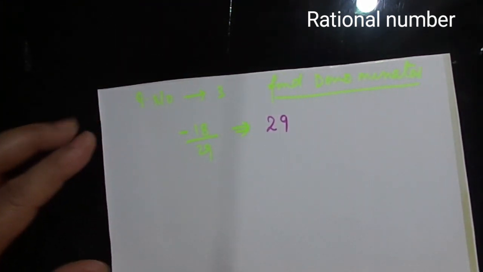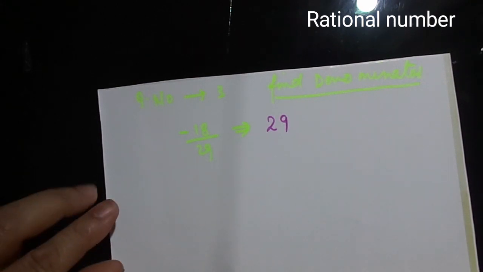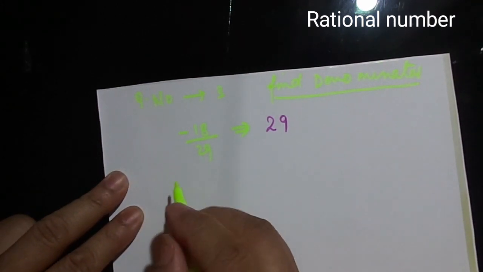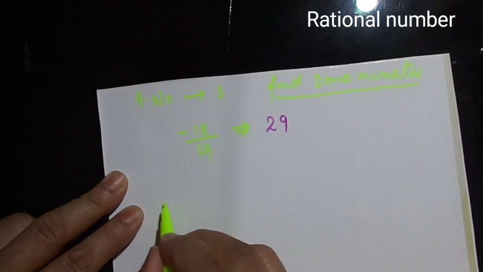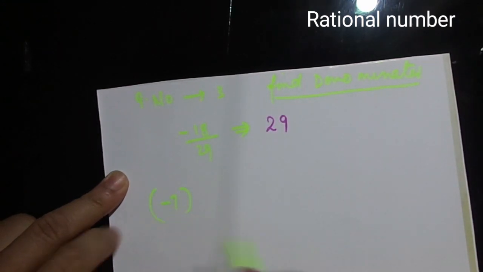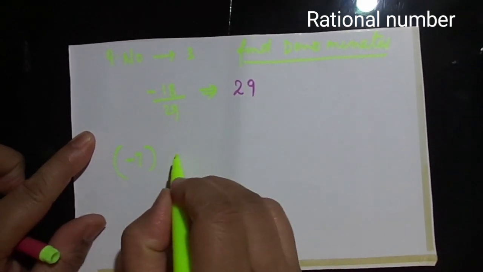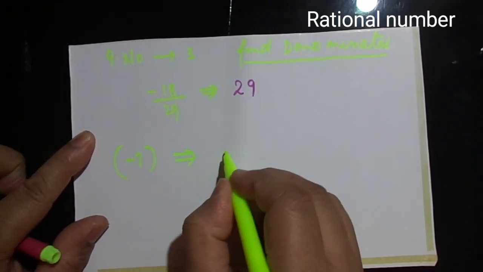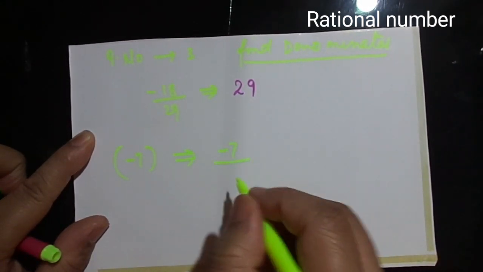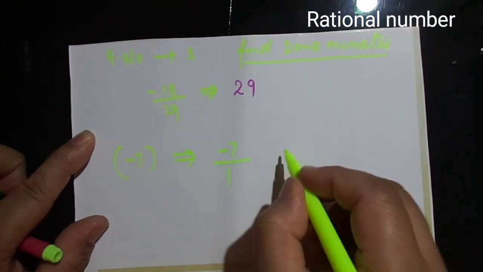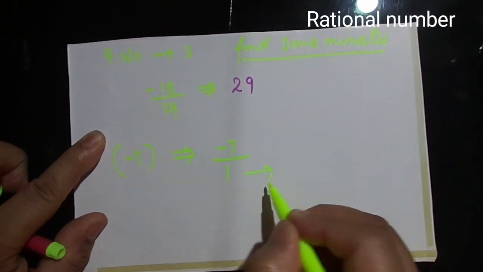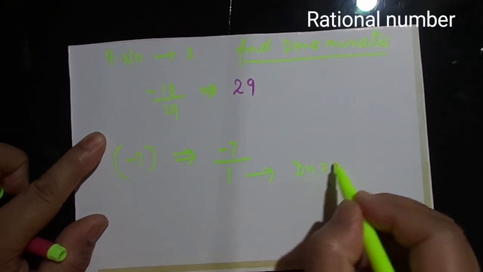The problem lies when they give you something like find the denominator in minus 7. In that case, it can be written as minus 7 by 1, so the denominator is 1.